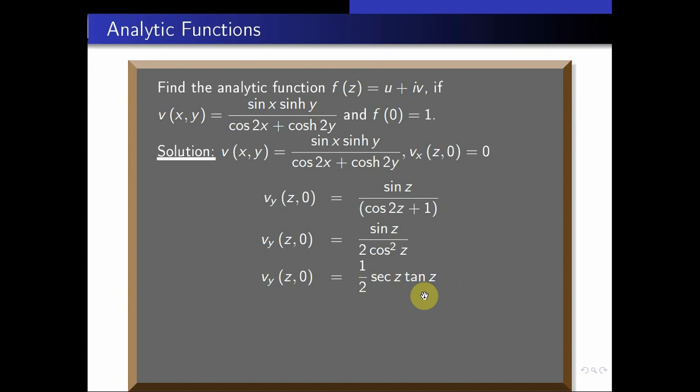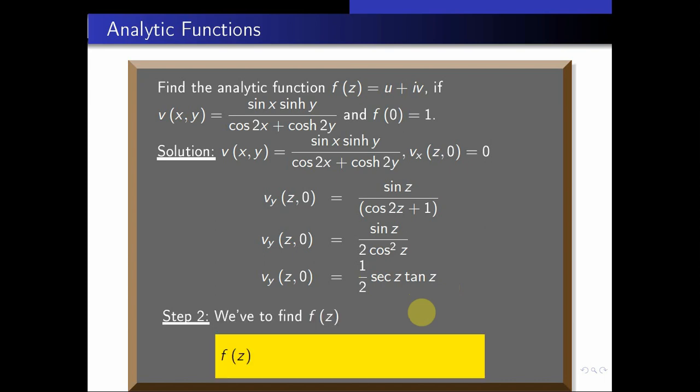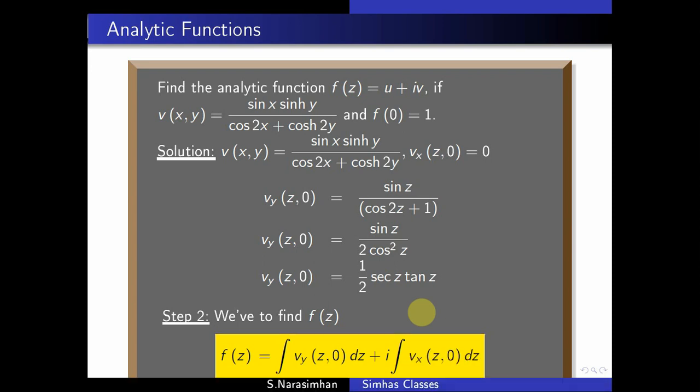So now we'll move on to step 2. We have to write the formula to obtain f of z. This is the formula. F of z is equal to integral Vy of z comma 0 dz plus i into integral Vx of z comma 0 dz. We already found Vx and Vy of z comma 0. Substitute here.